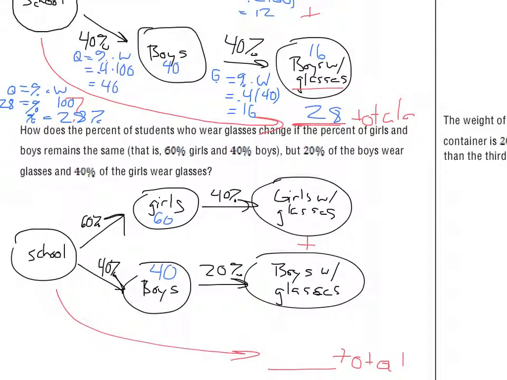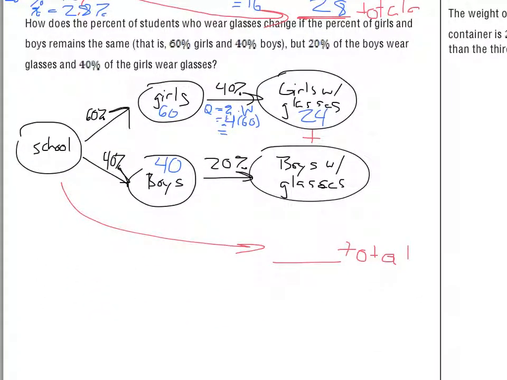But because our percentages change here, Q is equal to percent times whole. This is going to be 0.4 times 60, which will give me 24 girls with glasses. And our boys, Q is equal to percent times whole. It's going to be equal to 0.2 times our whole, which is 40.